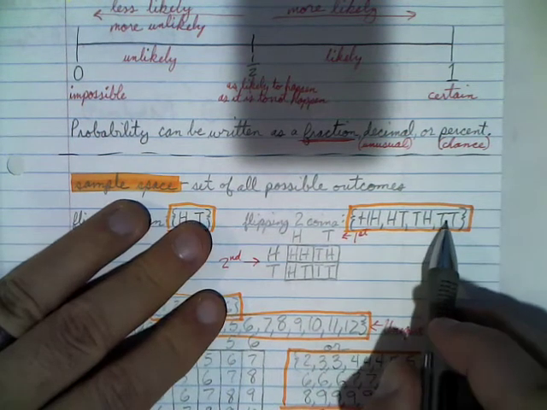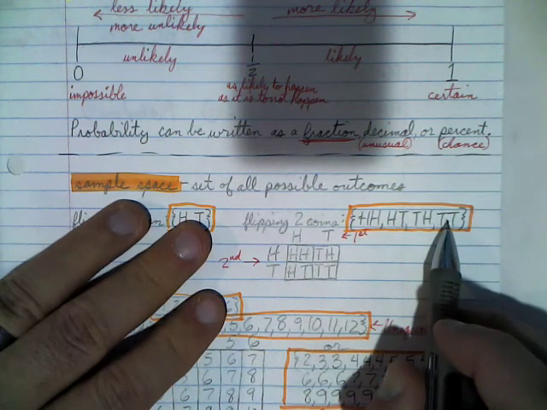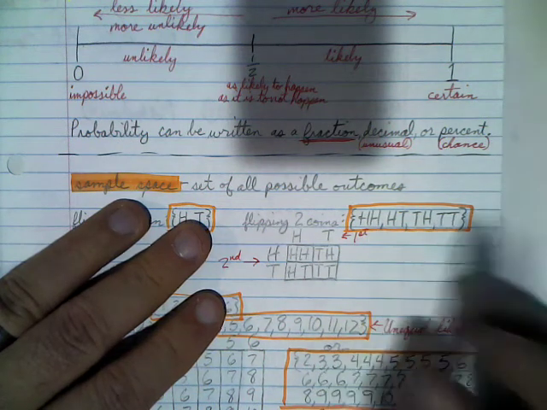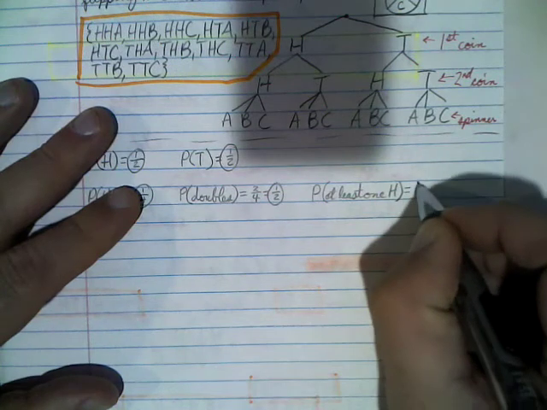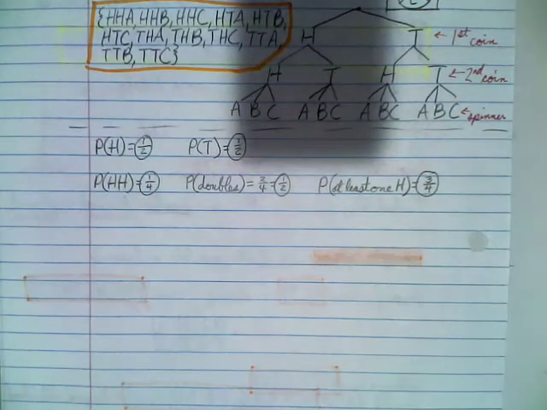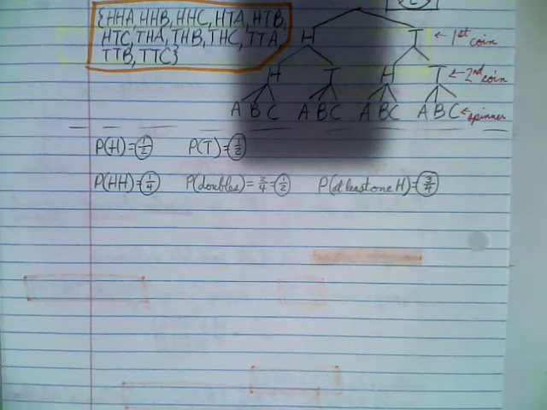That's 3. This doesn't have any, so no. So there are 3 favorable outcomes out of the 4 possible. So the probability of getting at least 1 head is 3/4. If you were to take a coin and flip it twice, you can expect to get at least 1 head in that double flip approximately 3/4 of the time.